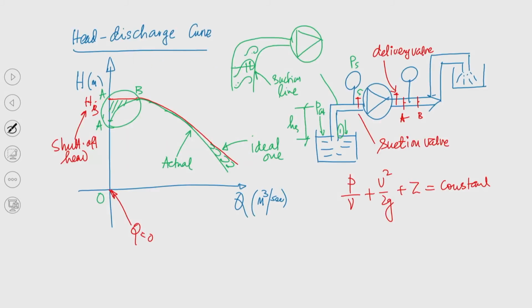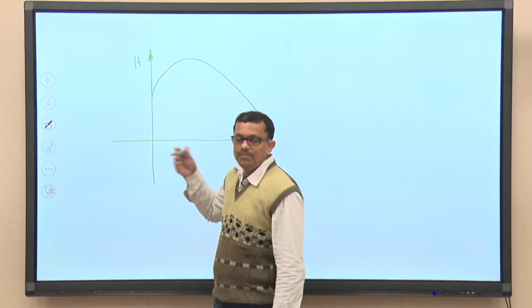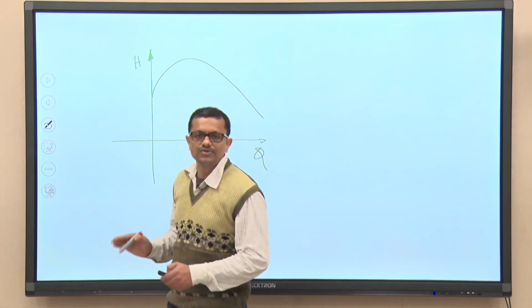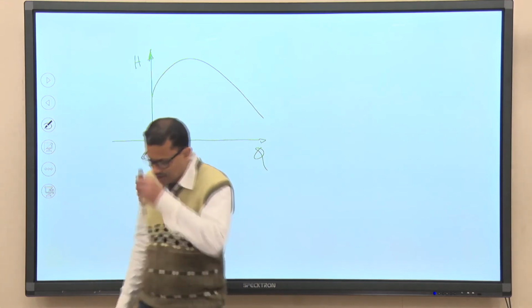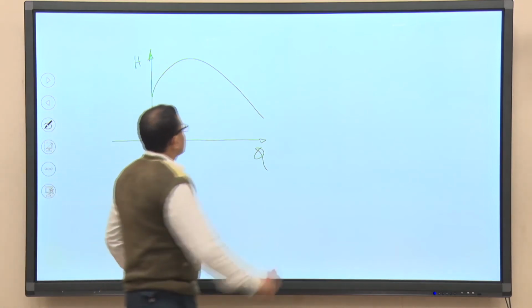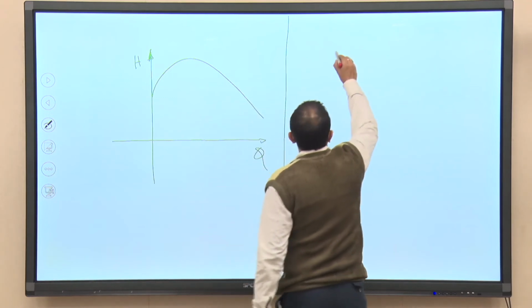If we go back to the previous slide, the shut-off head is the maximum head when Q is equal to 0, but here the shut-off head is not the maximum head. So, if we now try to superimpose the system resistance curve on this, then there will be an important aspect, that I will be discussing soon, but for that at least we should know the system resistance curve.